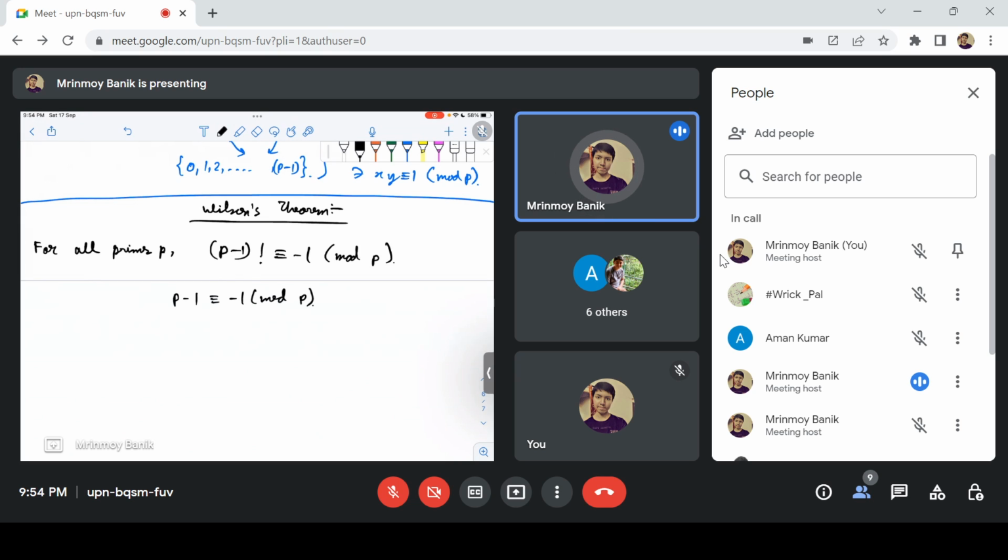This is obviously true since p is congruent to 0 mod p, so we are just removing p. So we can write (p minus 1) factorial as (p minus 2) factorial times (p minus 1), and that is equal to minus (p minus 2) factorial. That is congruent to minus 2 by the claim of this theorem. So that means this is equivalent to proving (p minus 2) factorial is congruent to 1 mod p.